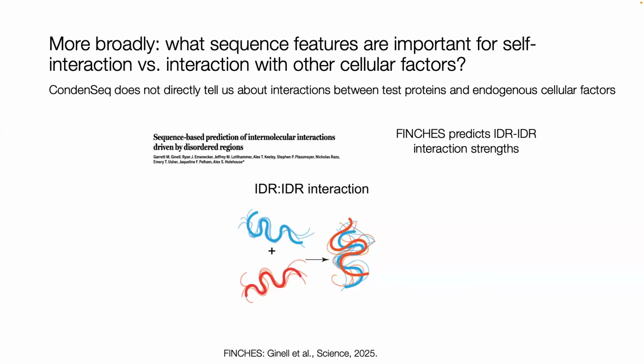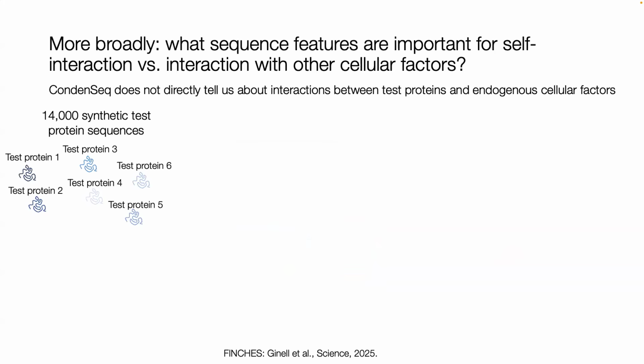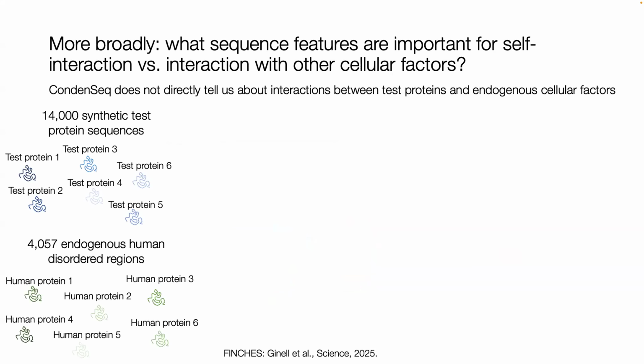So what we can do with this approach then is we can take our entire library of 14,000 test protein sequences, and we can consider potential interactions across the entire human proteome. So what we did is we took all of, across the entire human proteome, there's about 4,000 endogenous disordered regions above a certain length threshold.